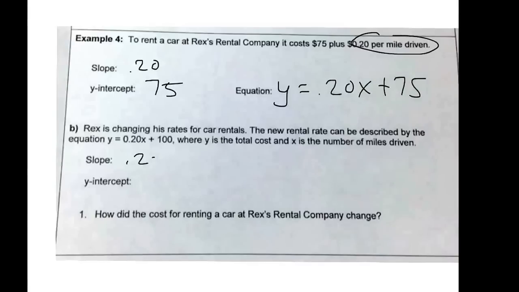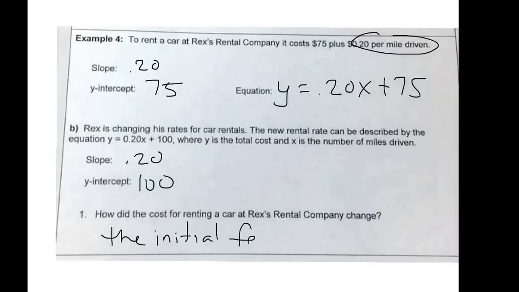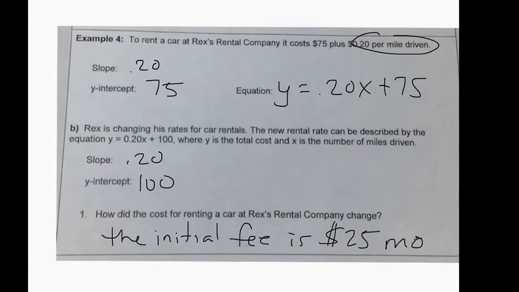So the slope has stayed the same. The y-intercept changes to 100. How did the cost for renting a car at Rex's change? The initial fee is $25 more. And that's it.